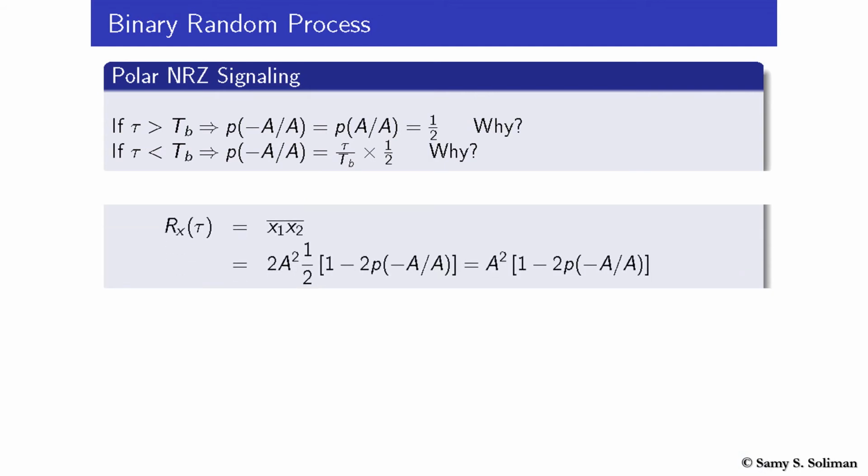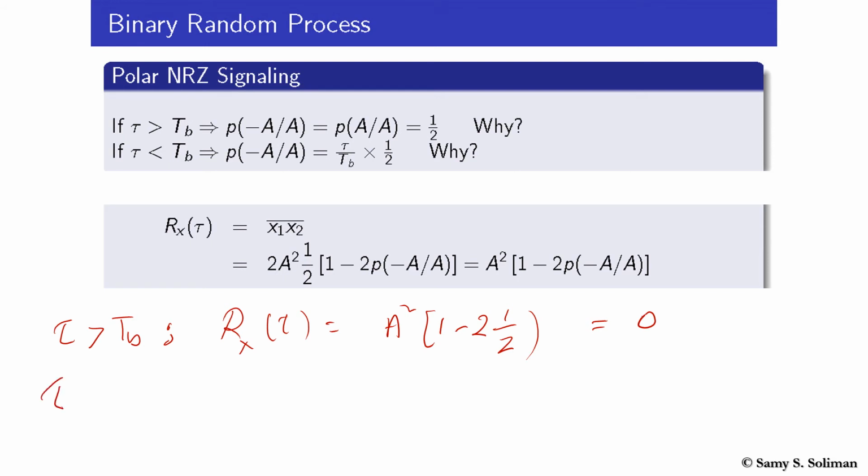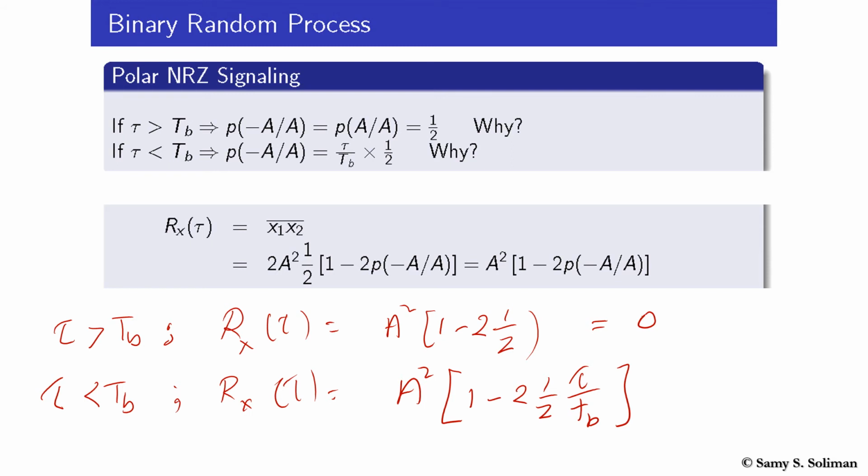Substituting with what we obtained, for tau larger than TB, the autocorrelation function is equal to A squared times 1 minus 2 multiplied by half, which is equal to 0, while for tau less than TB, the autocorrelation is equal to A squared times 1 minus twice multiplied by half tau over TB, and of course we can cancel this, and we have the autocorrelation for tau less than TB equal to A squared times 1 minus tau over TB.